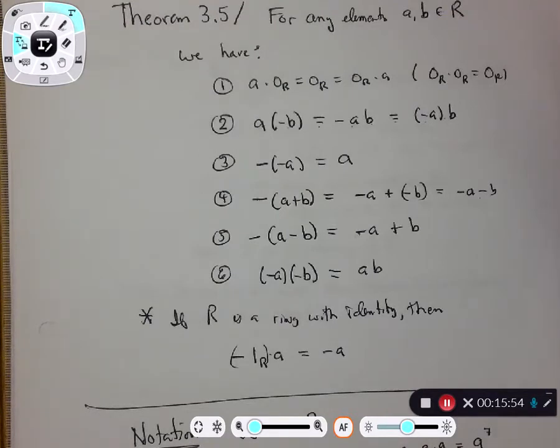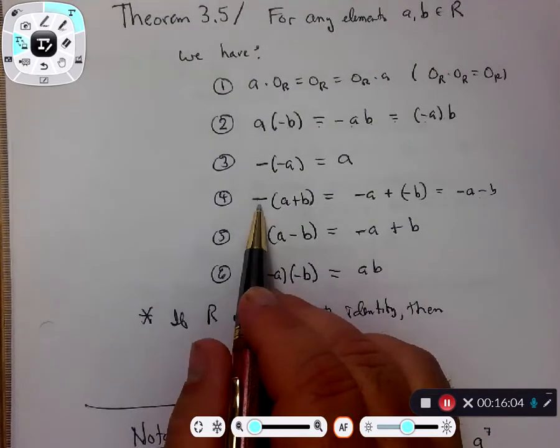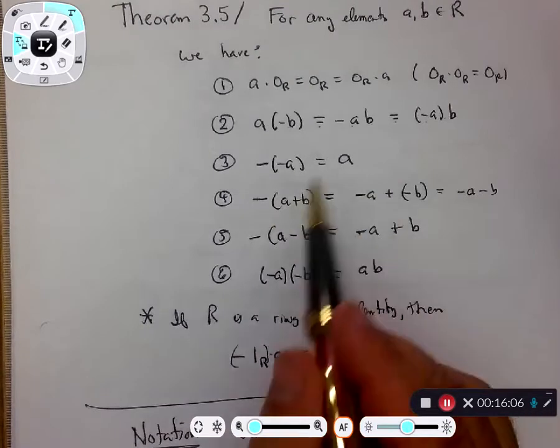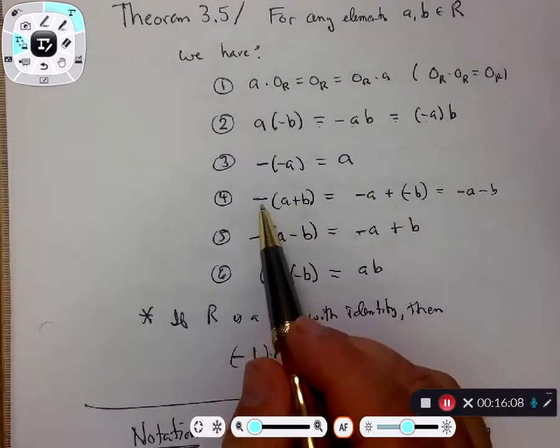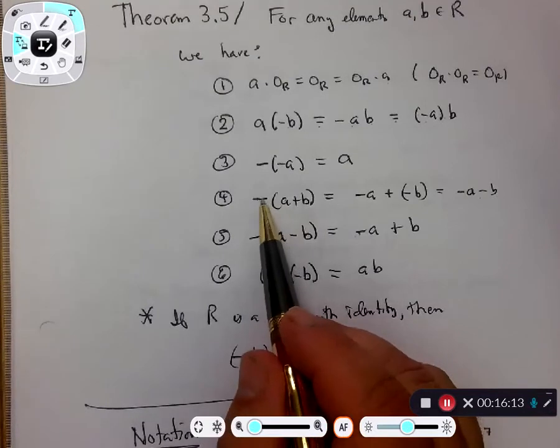If you have a ring with identity, it is. That negative represents negative 1 times. But if you don't have a ring with identity, there is no 1. So that negative refers to the additive inverse only, not negative 1 times. It has that property behind it, but you can't look at this negative as negative 1 times A plus B. It's just the additive inverse of it.